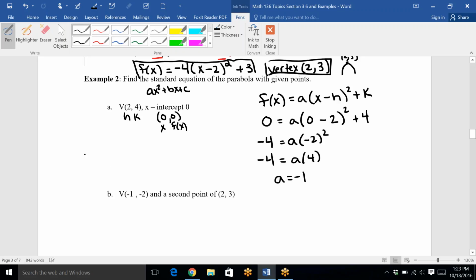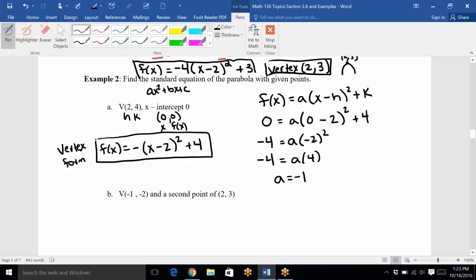So now I know that my equation in vertex form would be f of x equals negative 1 for a, parentheses x minus the h, which is 2, squared, plus the k, which is 4, and we leave x and f of x as variables. So that would be vertex form.